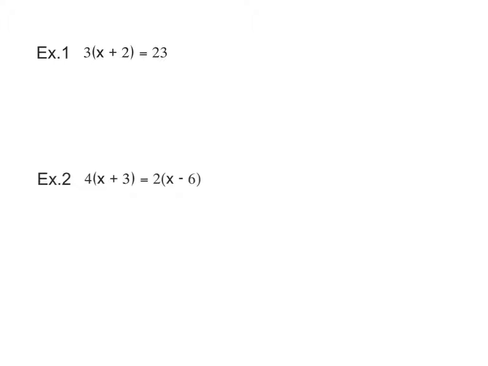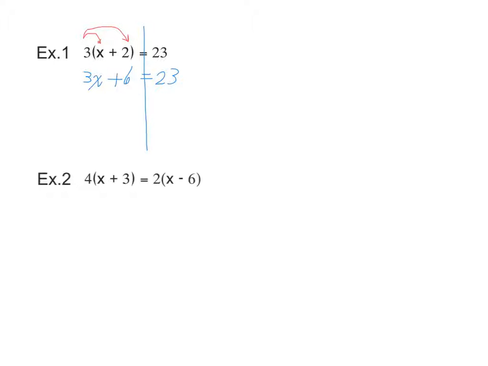For this, we want to get the x by itself, but I'm going to, first of all, distribute the 3. So that on the left of the equation, I'll have 3x plus 6. Now it looks just like the equations we had before.